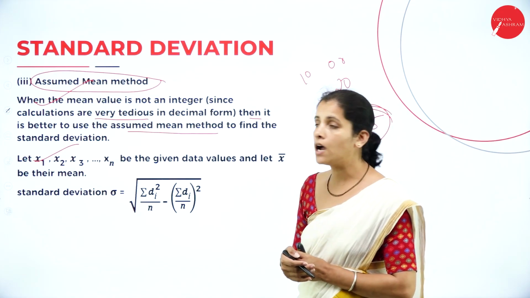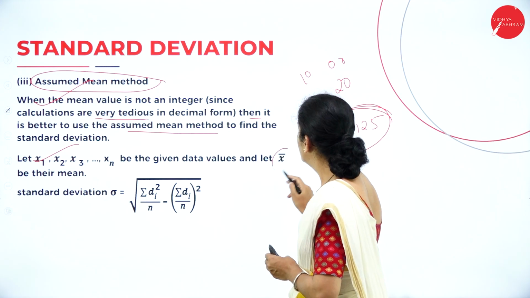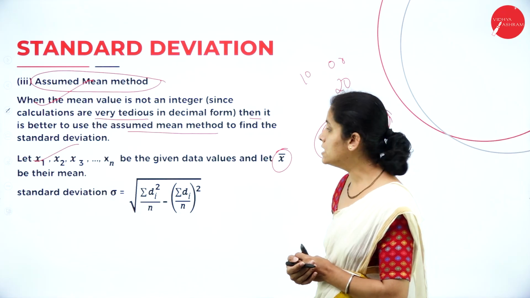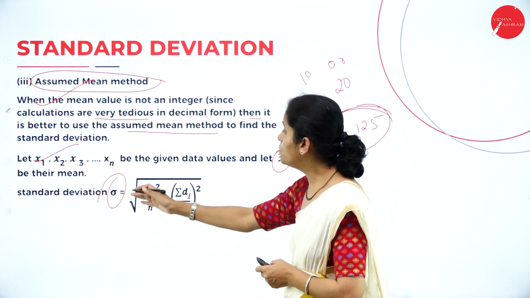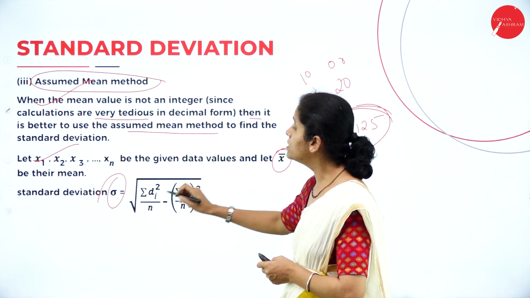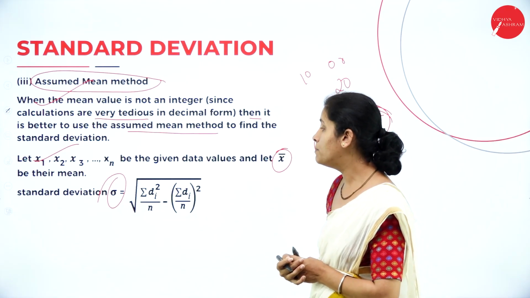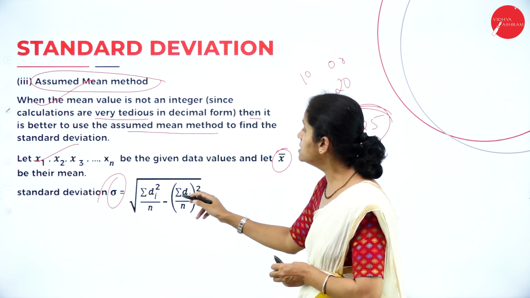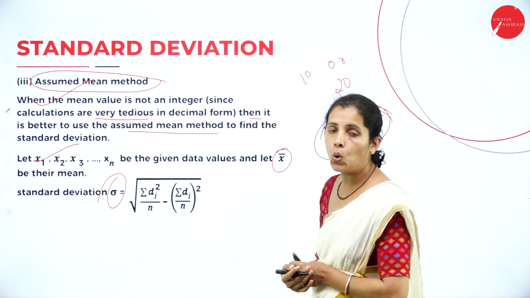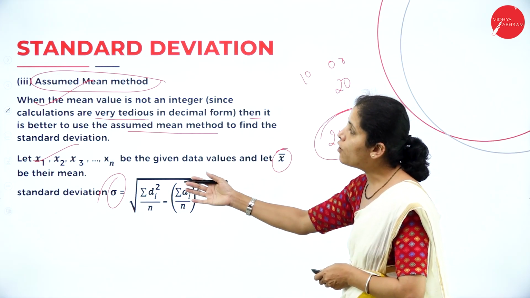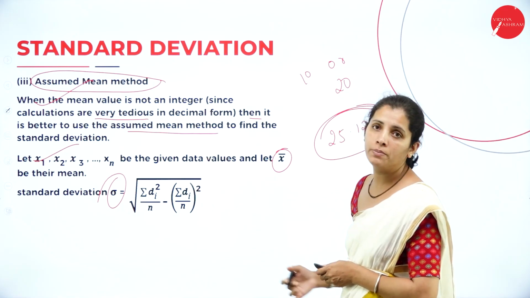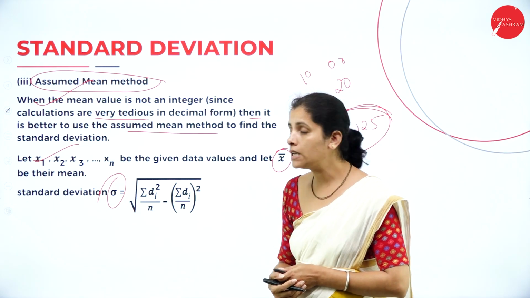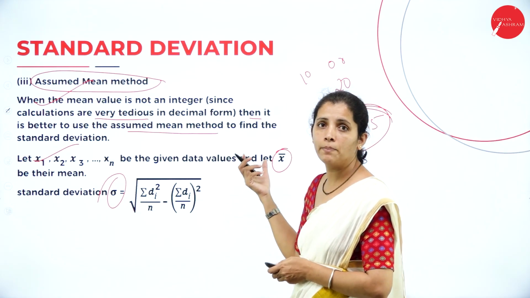Then x bar is nothing but the mean, and the standard deviation here is sigma equal to the square root of summation of di square by n minus, whole square, summation of di by n. This is the formula used for the assumed mean method.